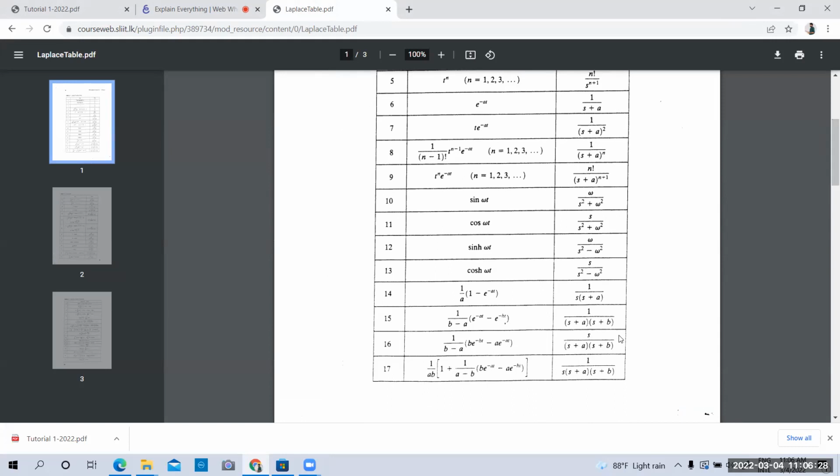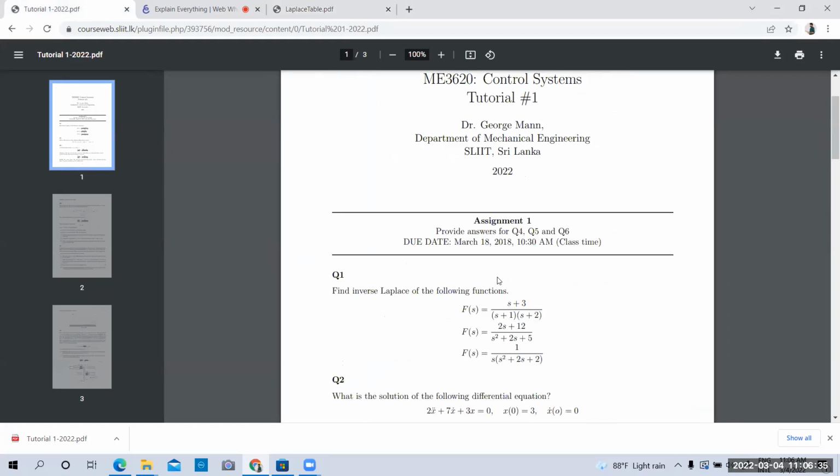If you look at our equation, it has an s and a constant. So one thing we can do is divide this into two parts: one with the s part on top, and the other with the constant on top.